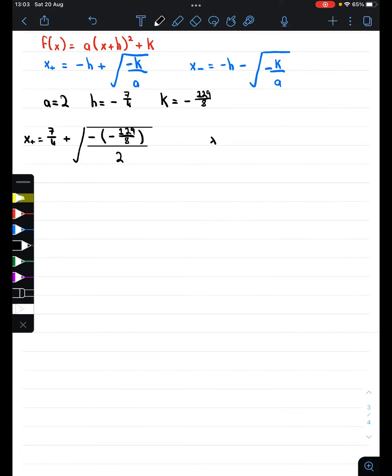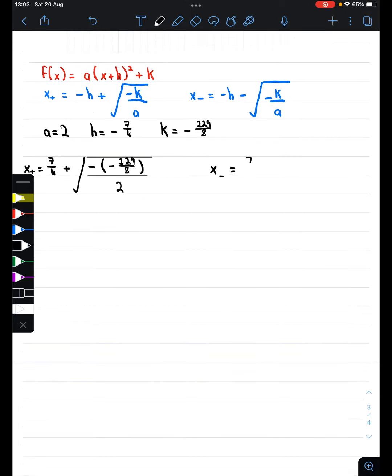And x minus equals minus minus 7 over 4, so just 7 over 4, minus, and then this term again, minus 129 over 8 divided by 2.